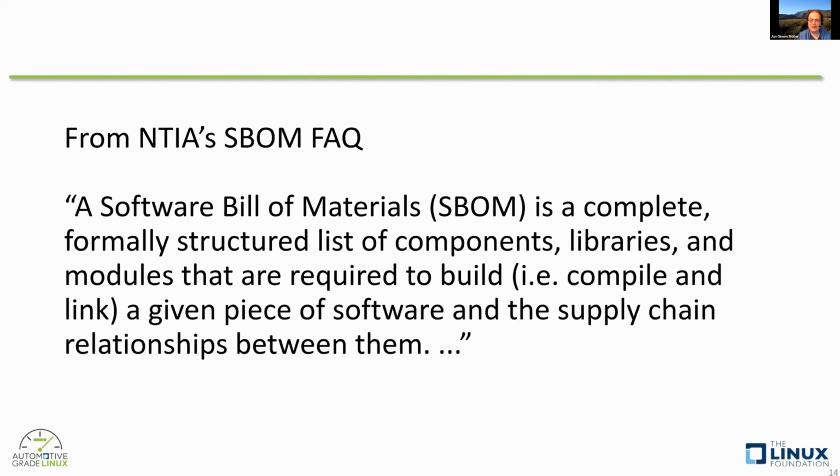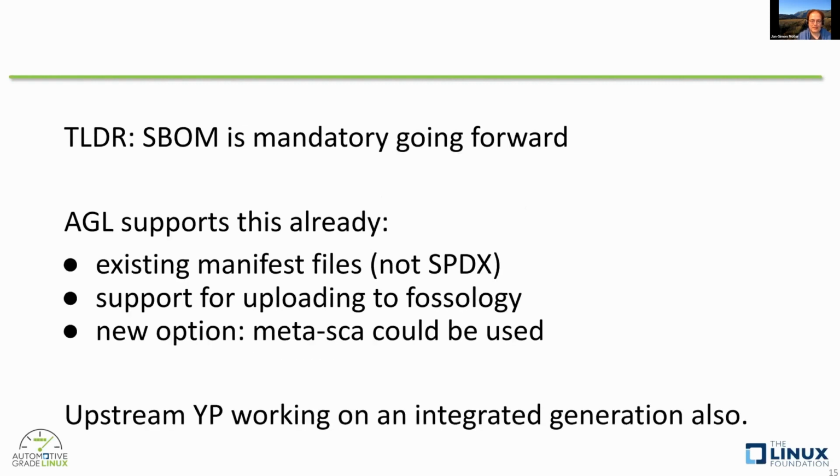So basically, it's a list of components that were used to build a given piece of software, right? This is along the lines of supply chain. There are projects within the LF family like OpenChain that help here. So we are working with the players there. And for us, this essentially means SBOM will be mandatory.